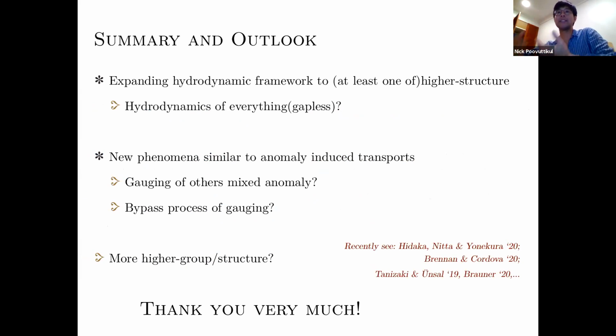It's something that is not quite a group, but it describes the symmetry of a field theory. So we can also try to get more ambitious and say, can you do hydrodynamics with any structure that is not necessarily a group, if it exists? And then we have a new phenomenon, which is similar to the anomaly-induced transport.